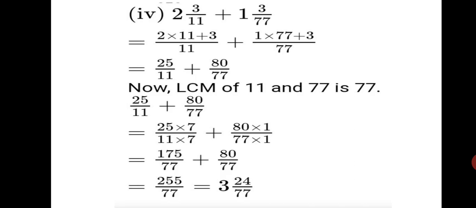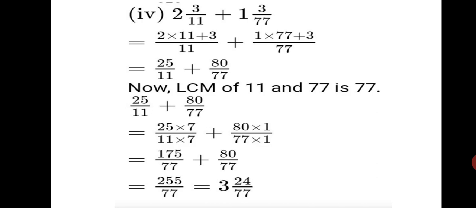25 upon 11 plus 80 upon 77 is equal to, we multiply 25 upon 11 by 7 plus 80 upon 77 into 1. We need not multiply further because we want the same denominator, is equal to 175 upon 77 plus 80 upon 77 is equal to, add the numerators, 175 plus 80 is 255 upon 77.